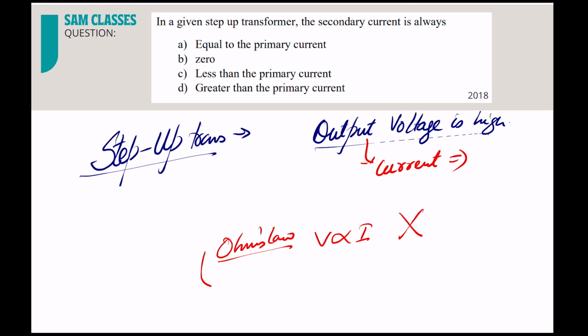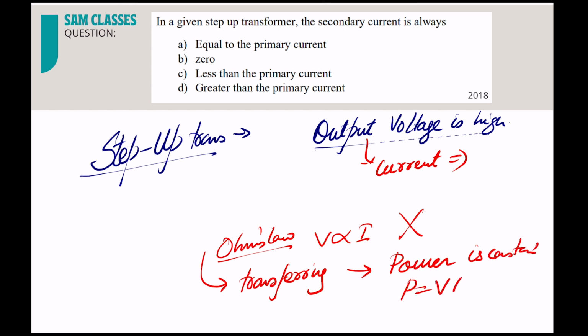Why? Here in this case, while transferring, we keep in mind that power should remain the same. Power is constant. So power is equal to what, students? VI. Voltage into current. So if I'm increasing the voltage, my current has to decrease.